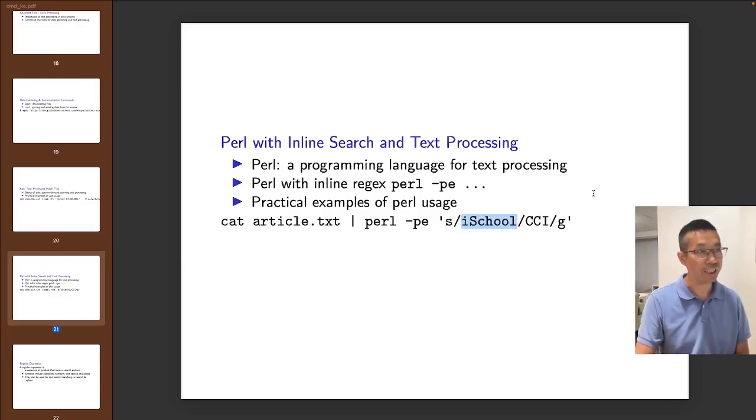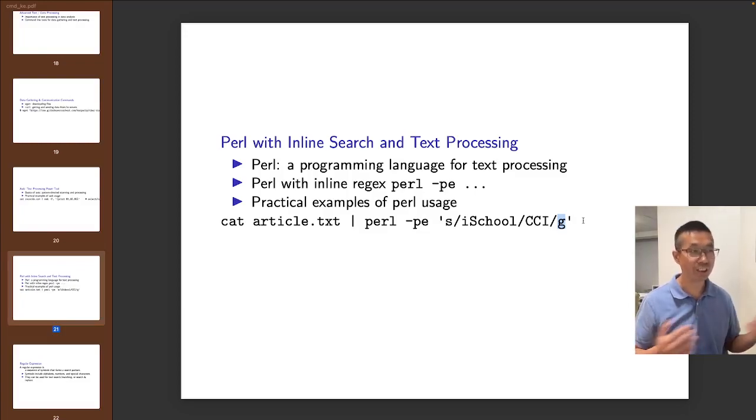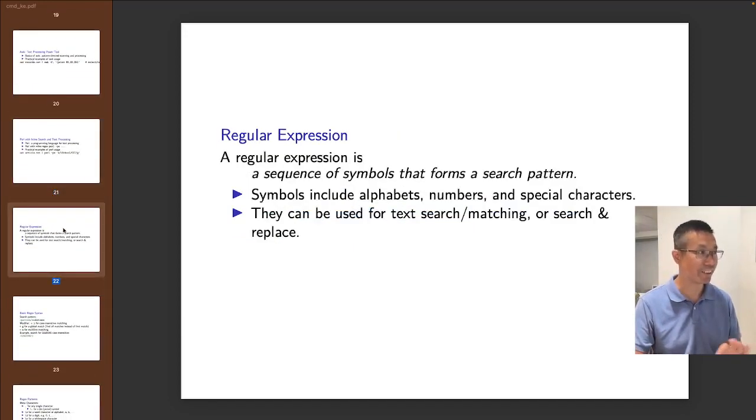So slash iSchool, I'm searching for iSchool, and then slash CCI, that iSchool will be replaced by CCI. Slash g is a modifier to say this is a global search, so it will search everything. So this will do the replacement. Hopefully this makes sense so far.